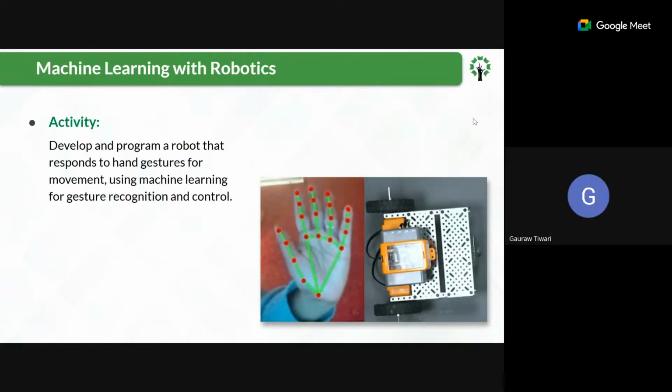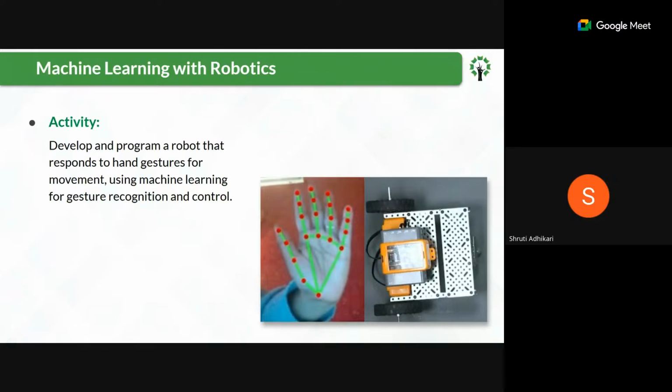But we must give some code which reflects the palm symbol. So there's some programming which has to be done here, right? As we know, machine learning, first you have to train the computer, right? So we have to first train the model. First the training is done because the computer doesn't have its own brain.